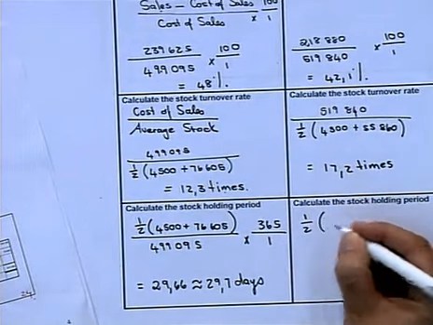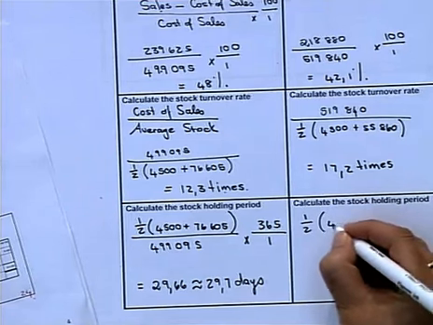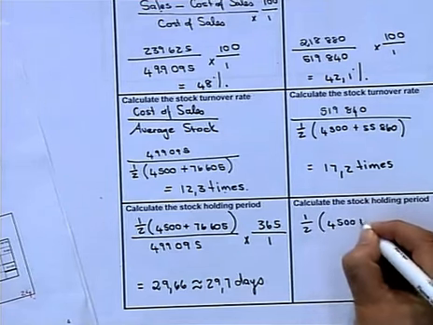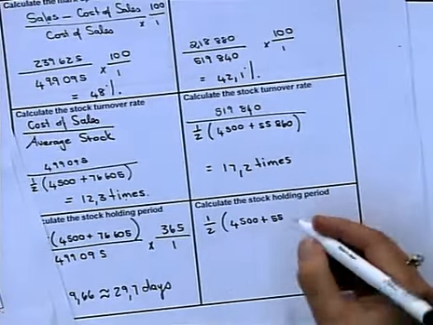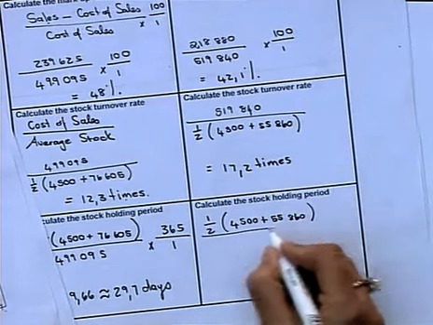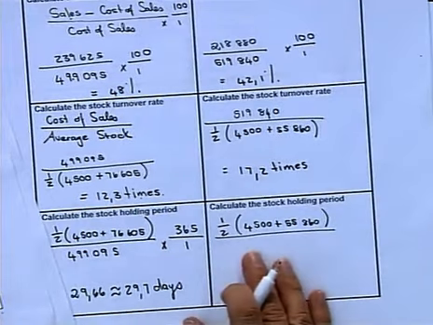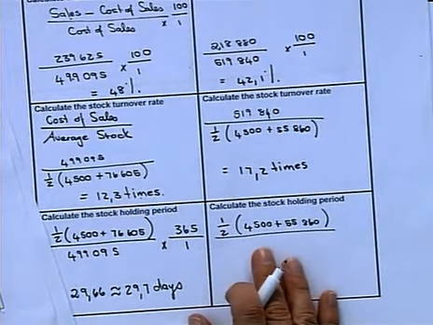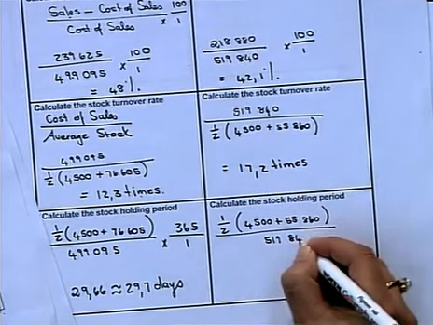Okay, and then calculating the stock holding period for the weighted average method, I'm going to go half of the 4,500 Rand that I started off with plus the 55 that I had at the end of the year, and I divide that by the cost of sales, which is in the case of the weighted average method 519,840.